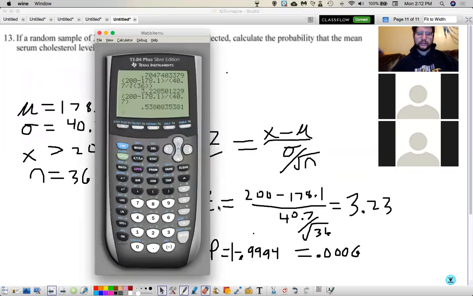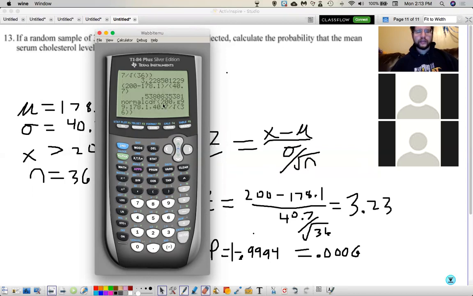And if we use the technology, we should get something similar. Second bars, normal CDF. Lower bound this time is 200. Upper bound, I'm going to do E99 for infinity. Mean doesn't change. Standard deviation does change. Do not forget to change it. Divided by square root of 36, or you could just put 6.